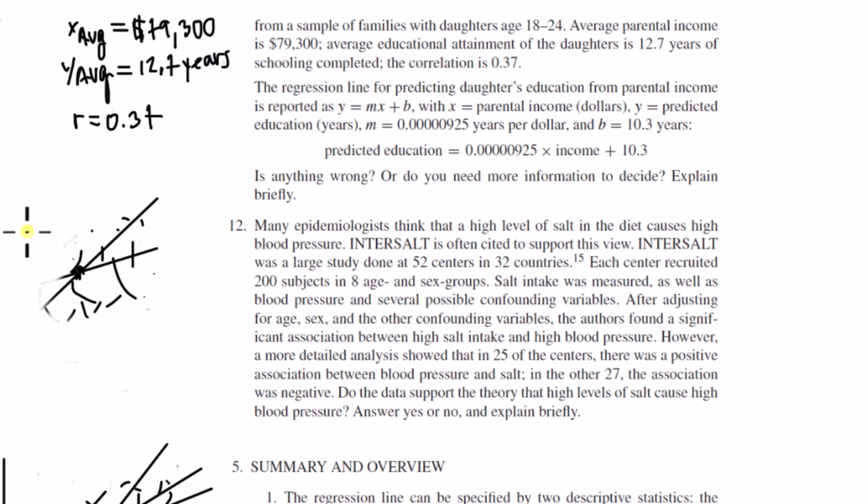Okay. So let's see. Is there maybe a negative in here that shouldn't be there? Because we know sigma x and sigma y can't be negative. So since r is positive, there shouldn't be any... Well, no, there could be negatives because you're subtracting the 12.7 years. Let's just write this out.